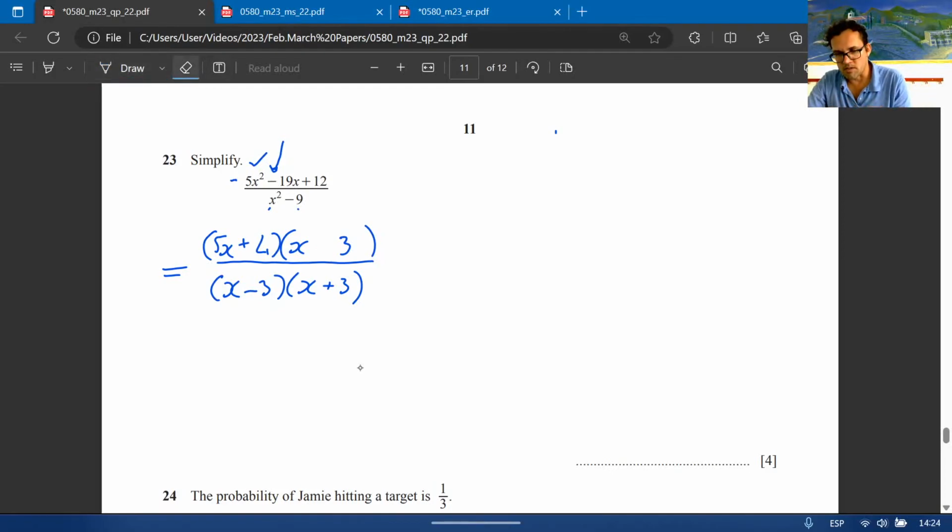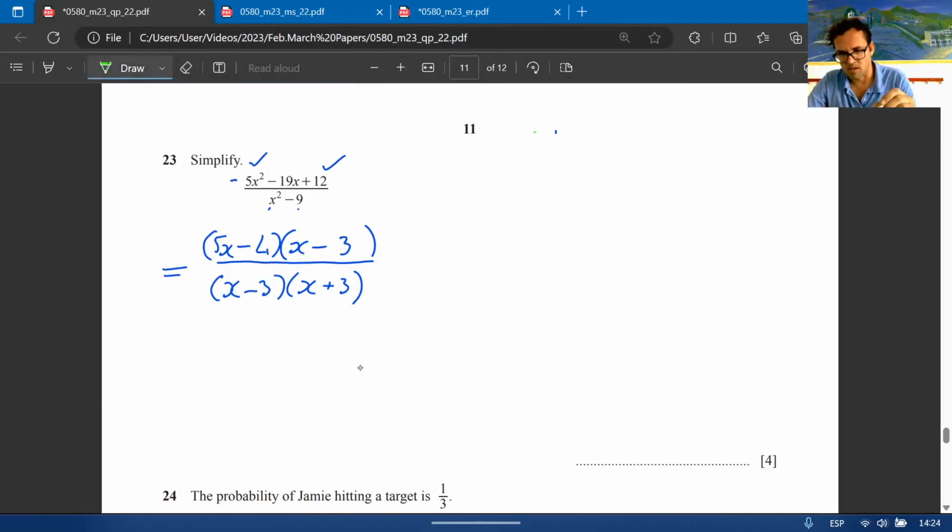If one of them is negative, then we'll have a minus 12 there. So the only option I see here is that we have 2 negatives, because minus 4 times minus 3 gives you positive 12. Yeah? It looks like we've done it. Let's just double check.